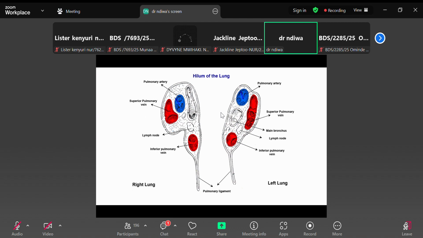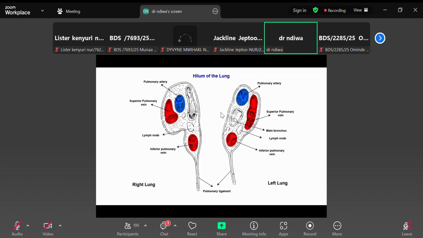Now that's how it looks. This is one of the only few diagrams in the atlas of the human body where you will see the veins denoted by the red color and the arteries denoted by the blue color. Normally, veins are usually blue while the arteries are red, denoting oxygenated and deoxygenated blood.